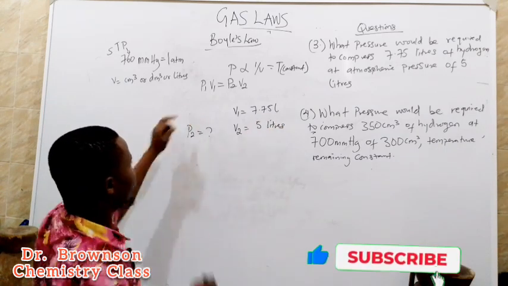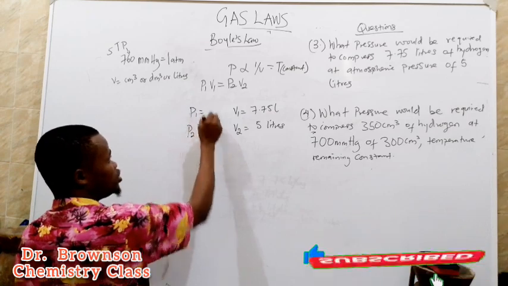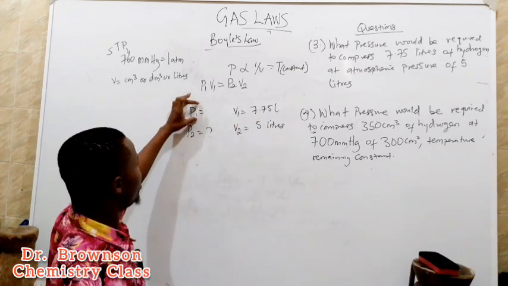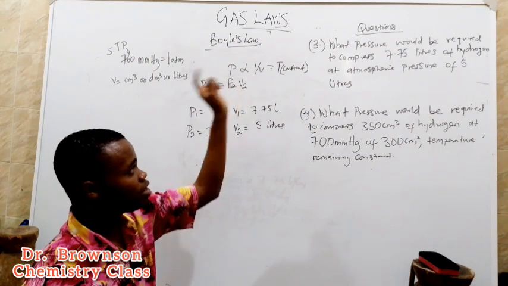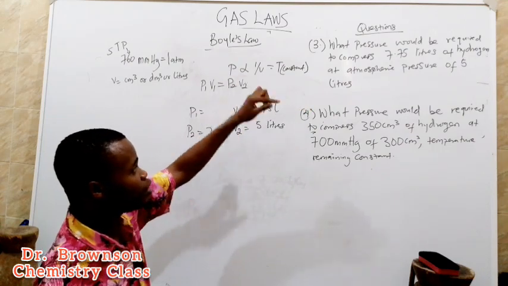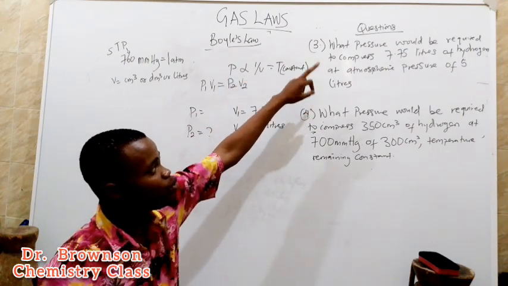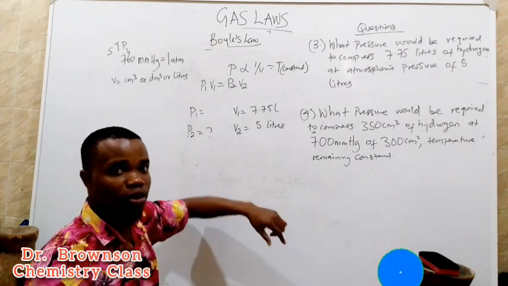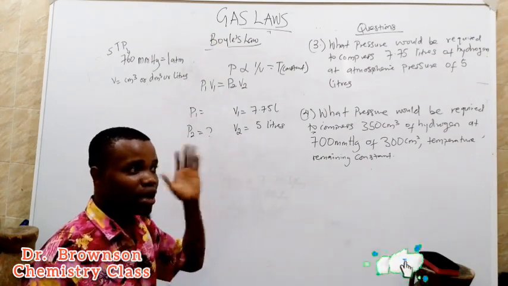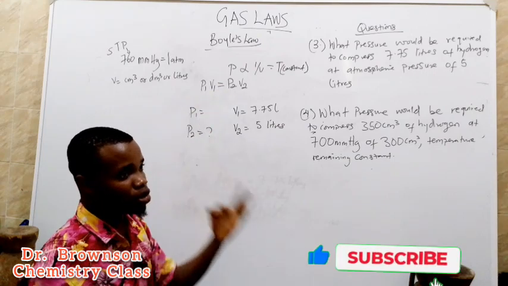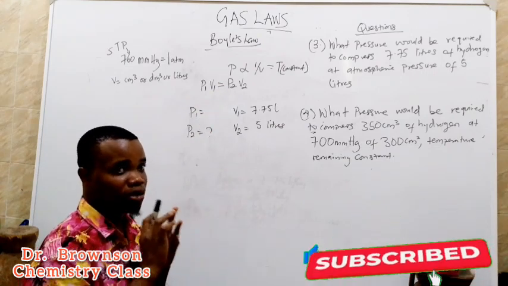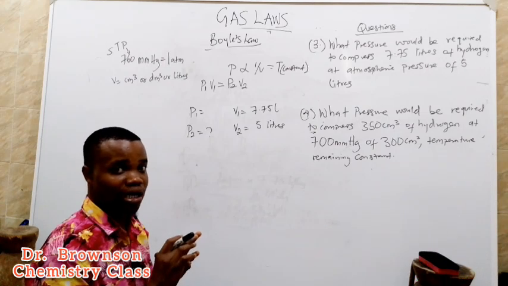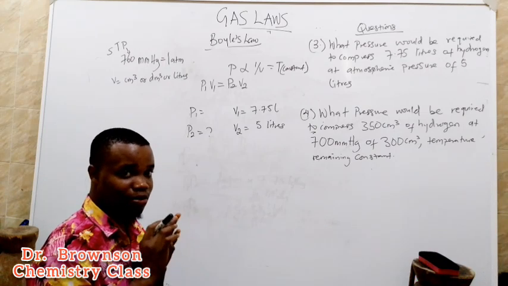Over here, your P1 is not given, and I've told you that if the pressure is not given in the question, you should know that you're going to apply STP, which is standard temperature and pressure. If it was Charles' law, we would have made use of temperature, and I'm going to do a video about Charles' law explaining the standard temperature.